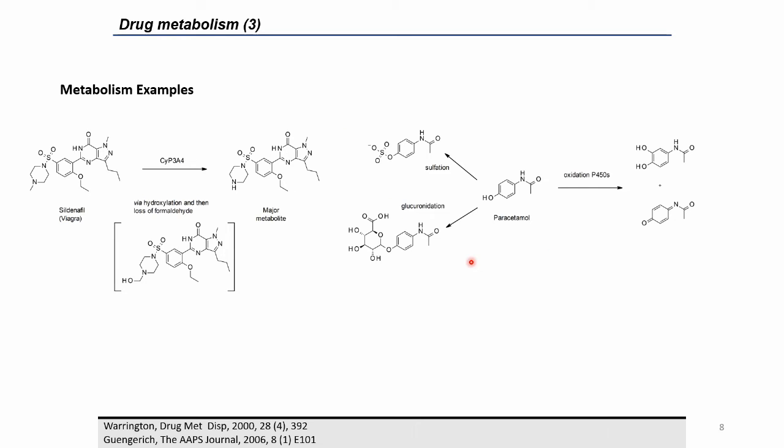Paracetamol, in turn, another well-known drug, that's a phenol, so you can get direct sulfation and glucuronidation, so secondary metabolites forming of this. There is also oxidative metabolism through P450s, which can either give this dihydroxy analog, but you can also form this quinone imine. And the quinone imine is a very important metabolite of paracetamol because that is a Michael acceptor.